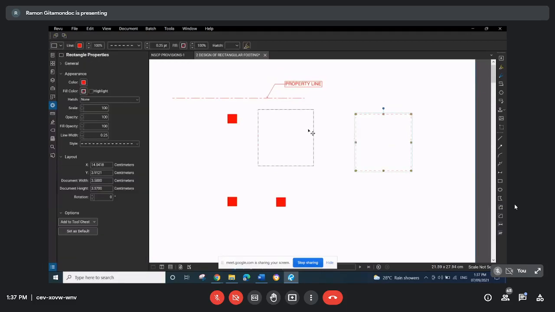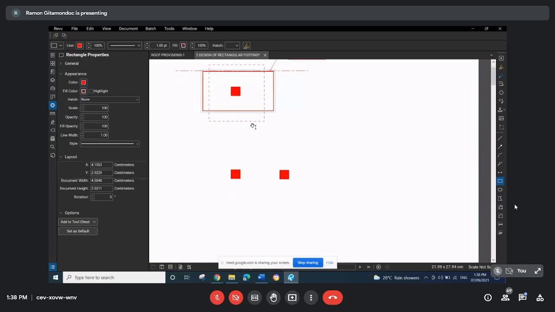So that if we use a square footing, the footing area will go beyond the property line. Okay? So in this case, to maintain the footing area while not going beyond the property line, the footing will be longer on one side and shorter on the other side. So what we will have is a rectangular footing, no?